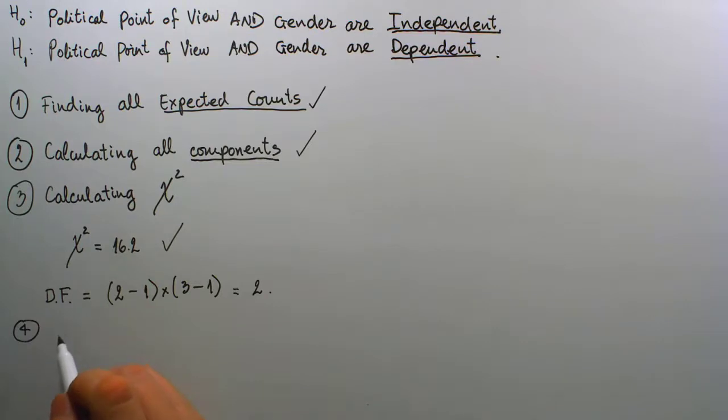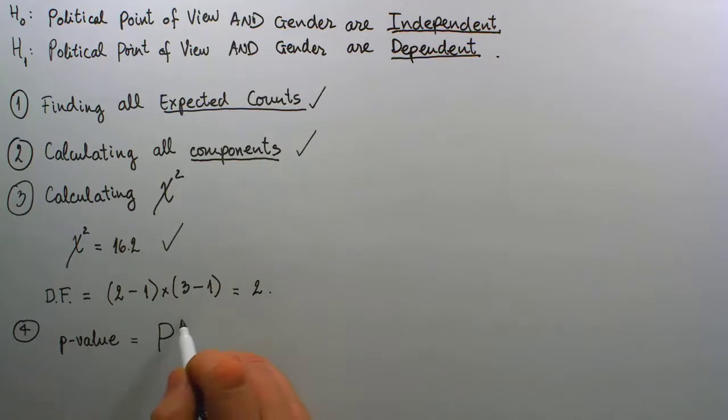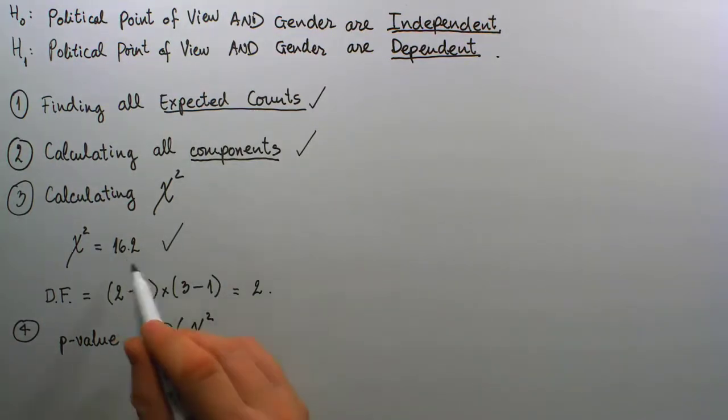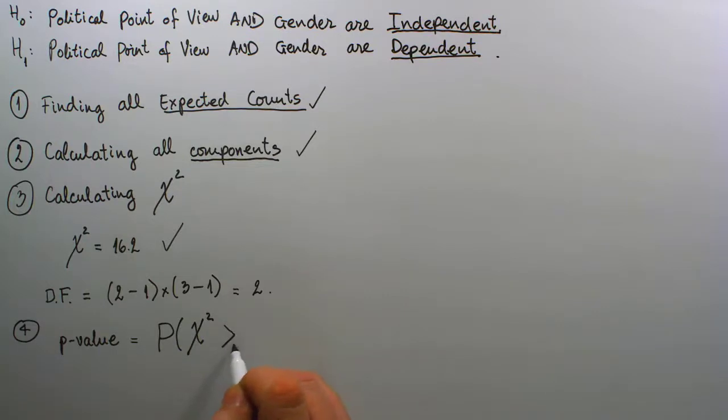Step 4 is to calculate the final p-value. So the p-value anytime we are running a chi-square test is set up as follows. We want to find the probability that among all chi-square values out there, we'll find a chi-square value specifically greater than, just like I pointed out in the general lecture, that we will always be using a right tail inequality like this.